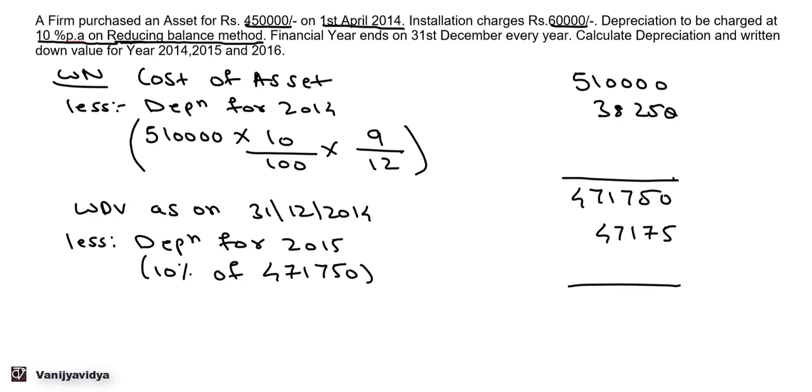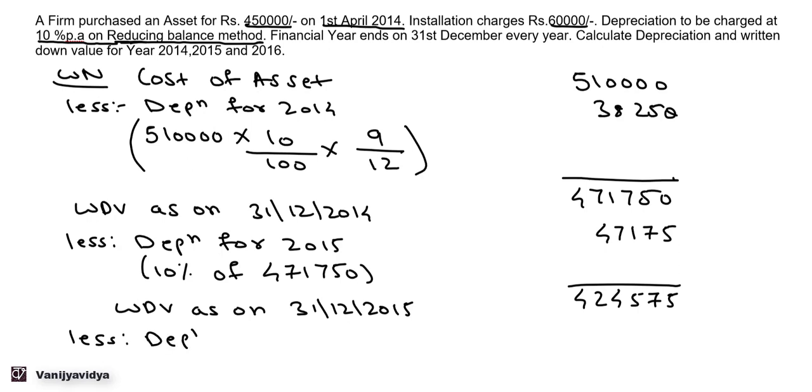So 4,71,750 minus 47,175, we get 4,24,575. This is written down value as on 31st December 2015, or we can say as on 1st Jan 2016.